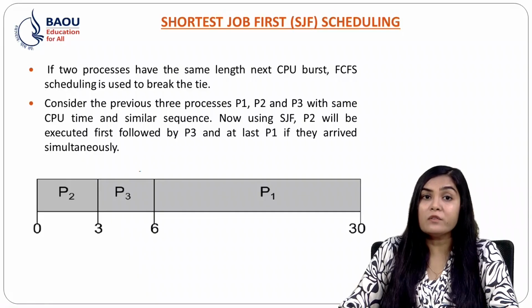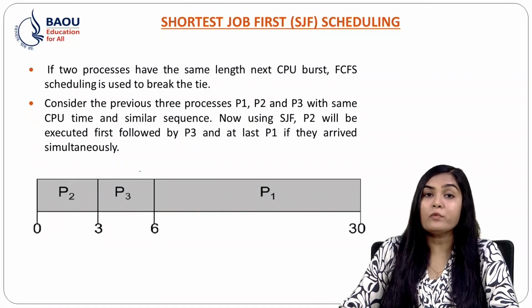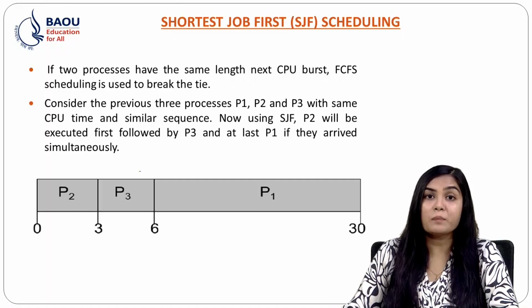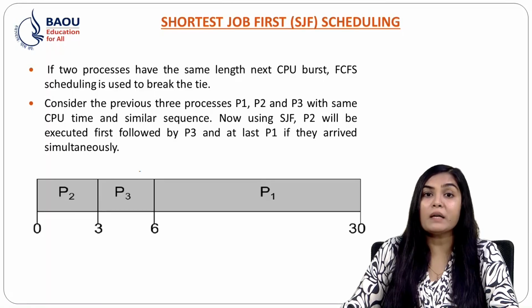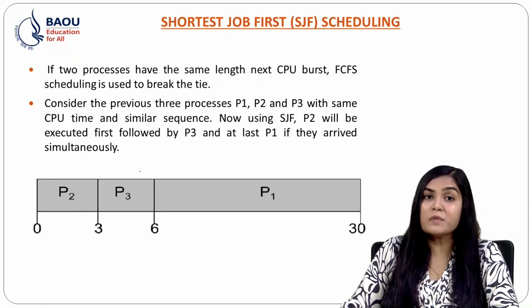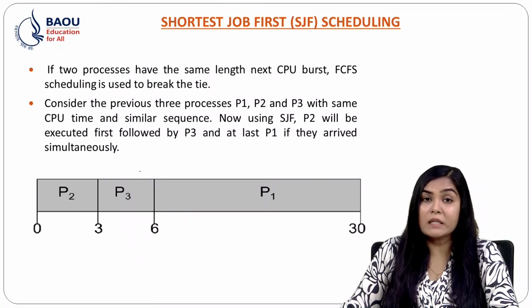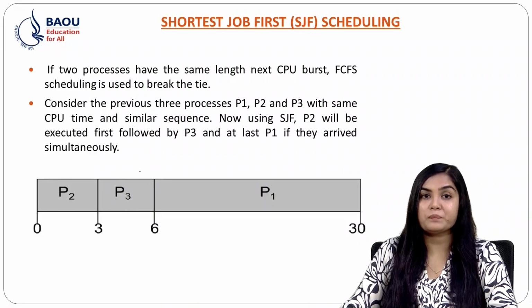As you can observe in the diagram, the waiting time for process P2 has become 0, reducing the average waiting time to 17 divided by 3, and the average completion time is 13, meaning 3 plus 9 plus 30 divided by 3. However, it is worth noting that SJF is optimal only for simultaneously available jobs.